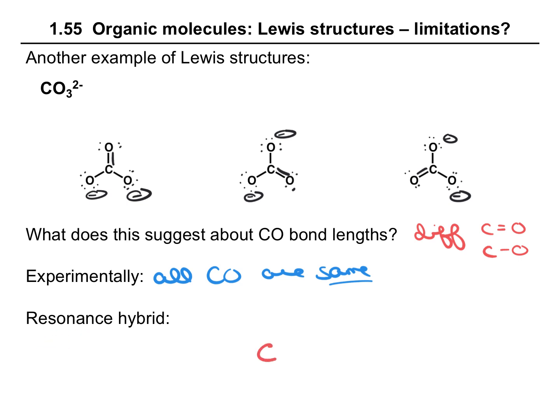Our carbon is connected to three oxygens by a single bond, but there is also partial double bond character between each carbon and oxygen. We have a partial negative charge on each oxygen as well. So the resonance hybrid then is kind of an average of the different resonance contributors.